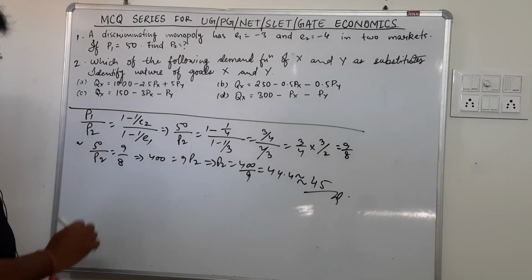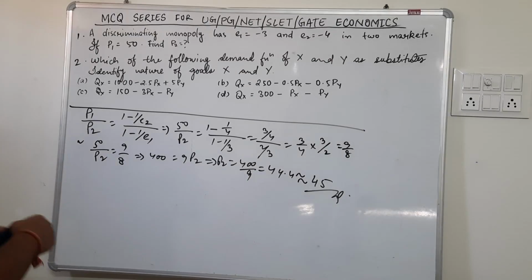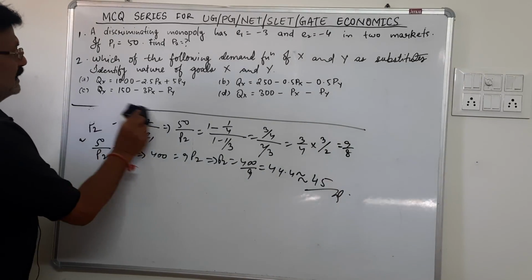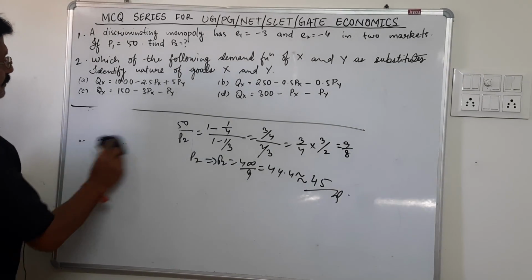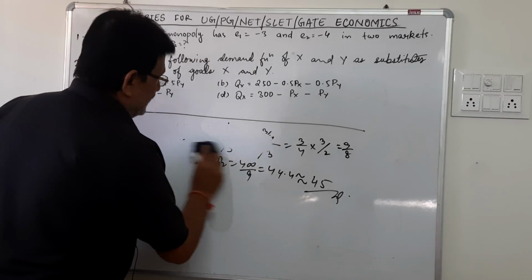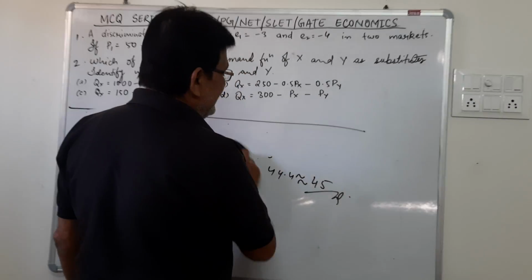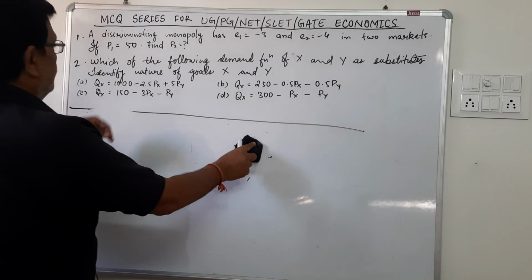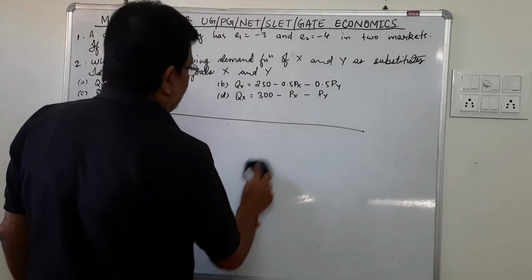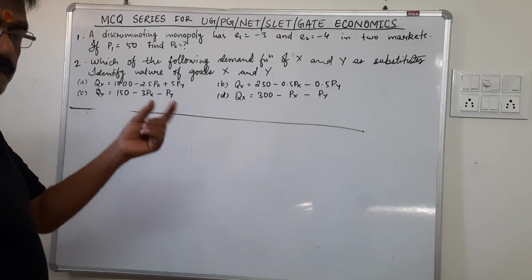Now the second question tells that we have 4 demand functions, and out of these we have to identify which one signifies a relation of substitute goods.